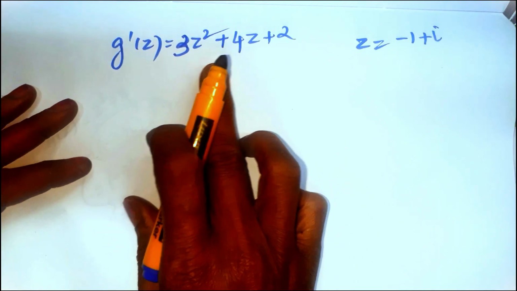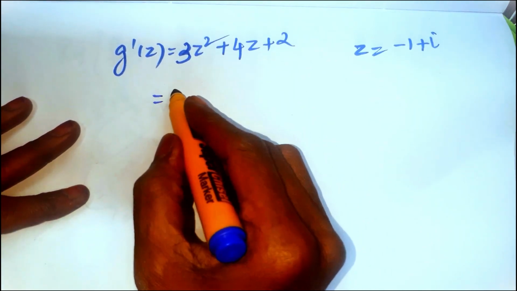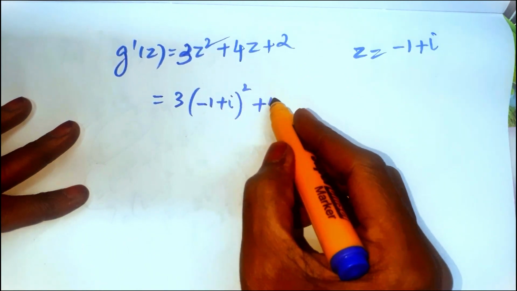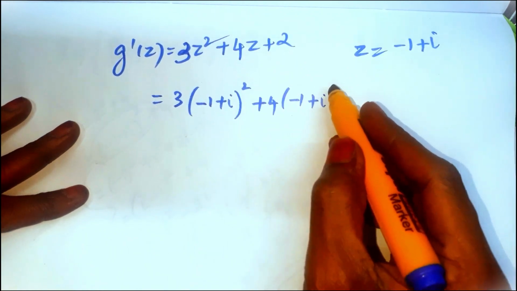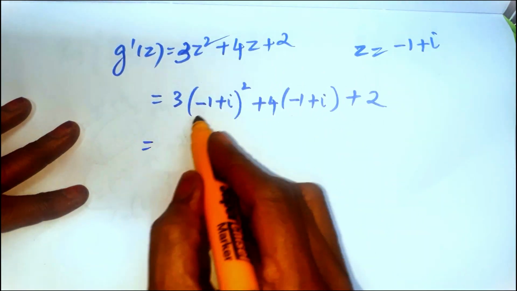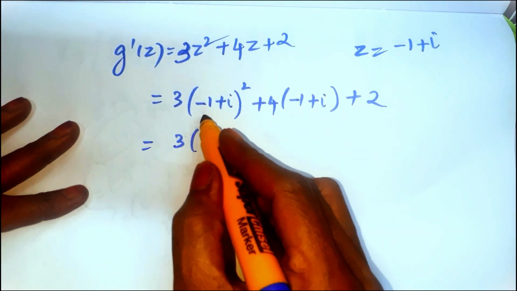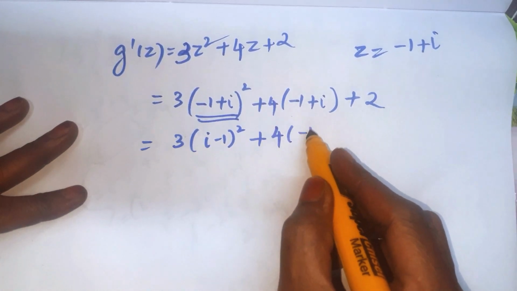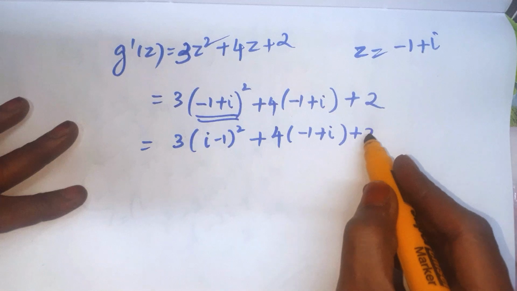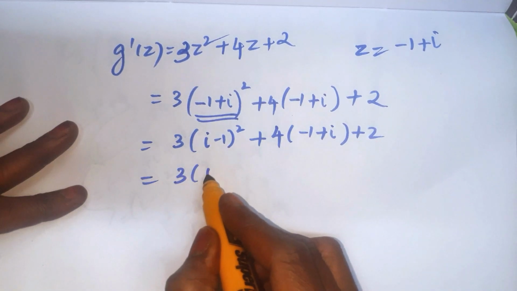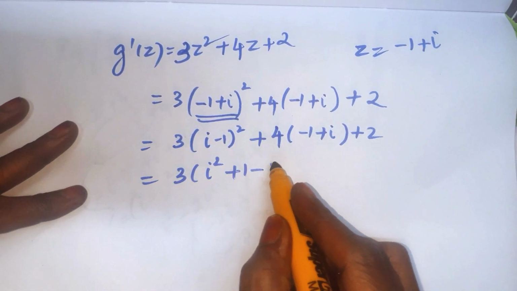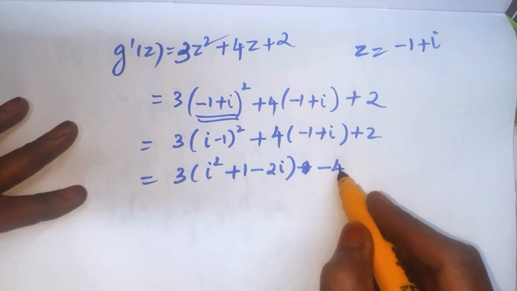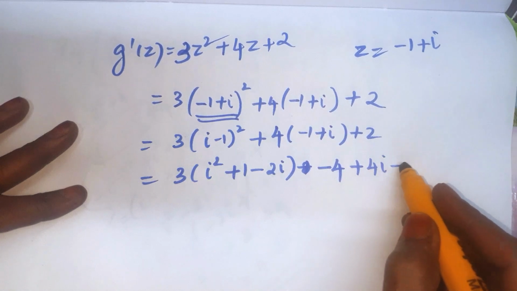So 3z squared plus 4z plus 2: 3 into minus 1 plus i the whole square plus 4 into minus 1 plus i plus 2. This we can expand using the a minus b formula for the whole square, and this we can multiply, minus 1 plus i plus 2. Now we expand 3 into i squared plus 1 minus 2i, plus when we multiply this, minus 4 plus 4i plus 2.